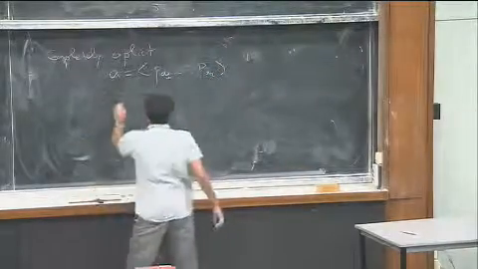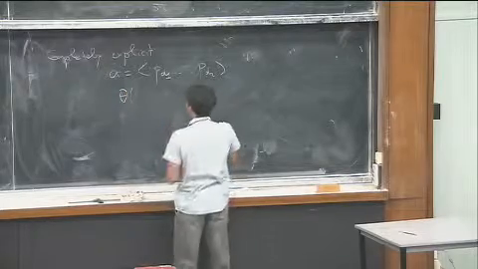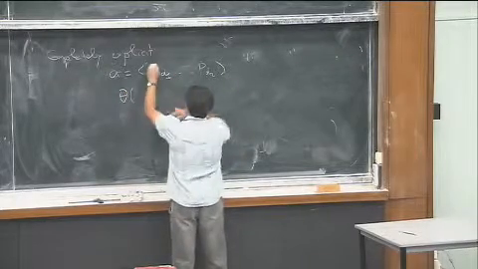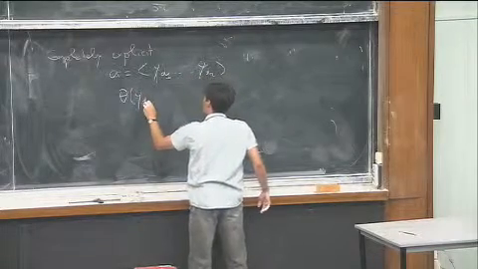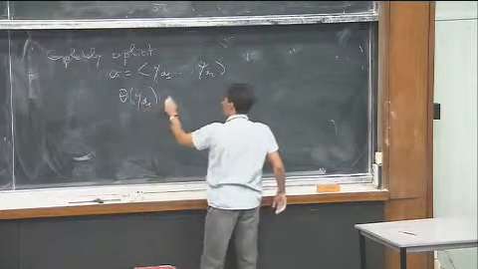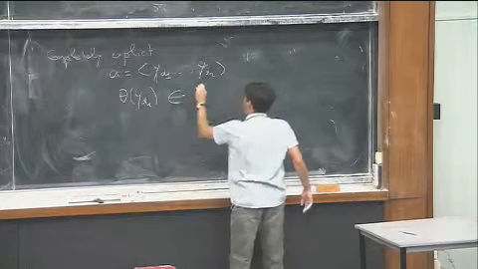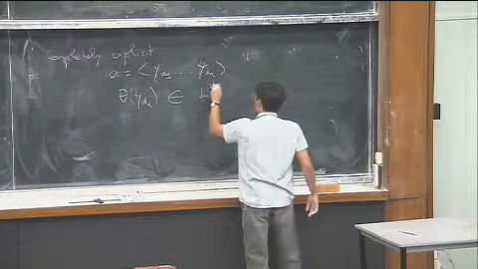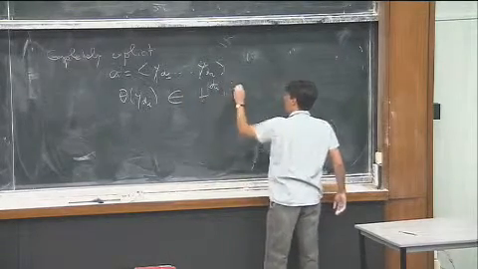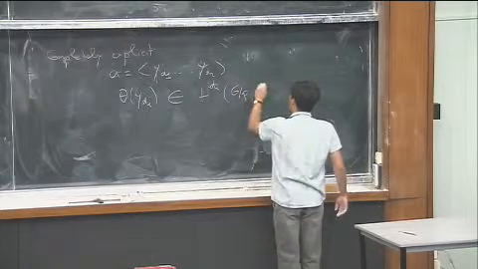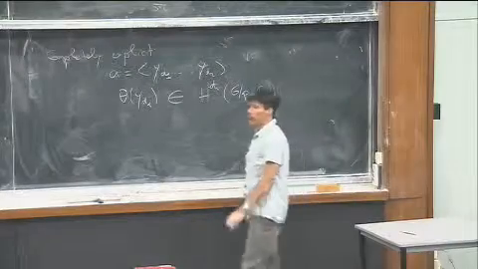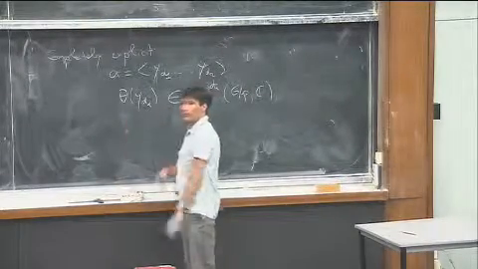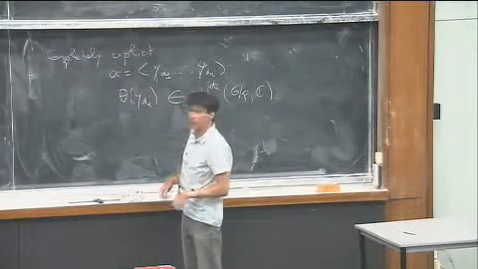So if I apply theta to these classes, I get a cohomology class of degree 2di. And I can really read these classes in terms of the root system completely explicitly.